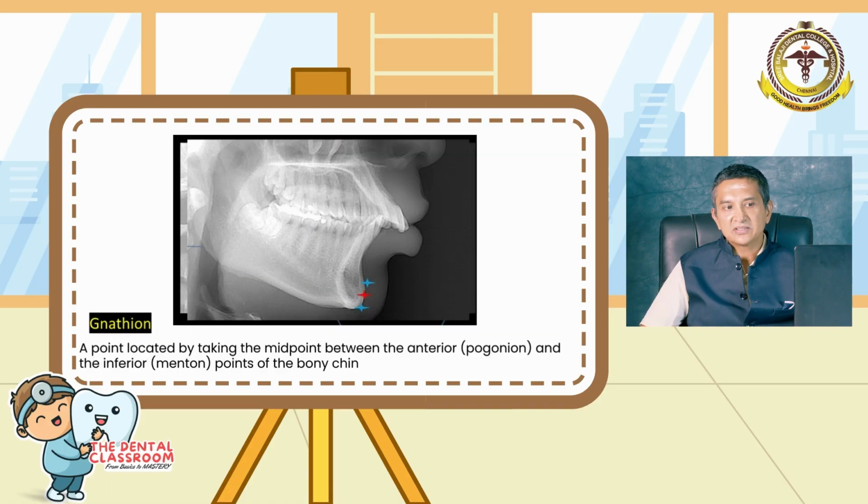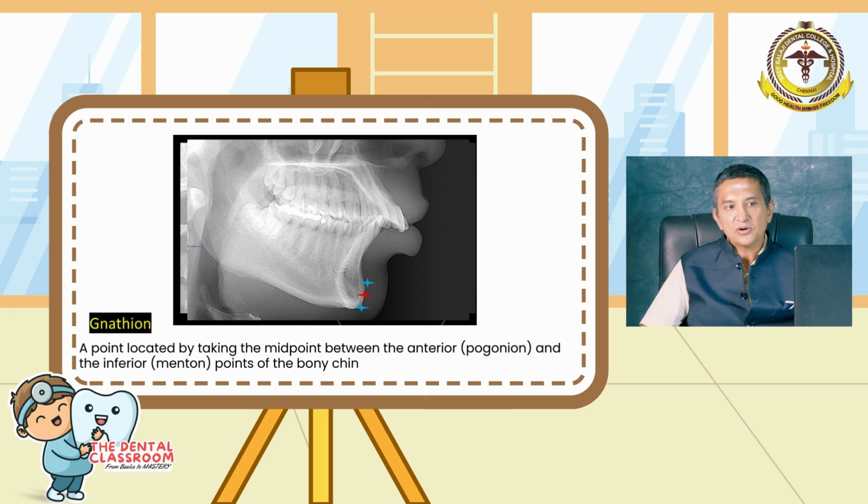Once we construct the gonion, we go to the chin, and the chin is defined by 3 points. In addition to point B, which defines the mandible, the chin is defined by the pogonion, gnathion and the menton. The difference is that these 3 points define the chin and not necessarily the mandible.